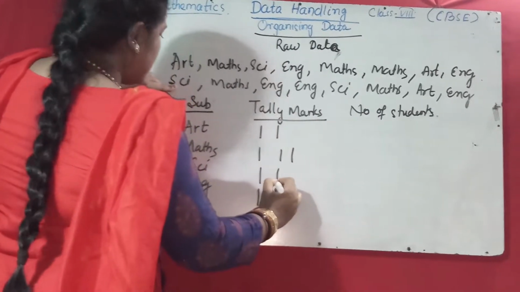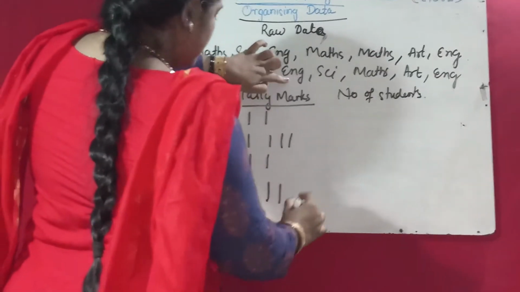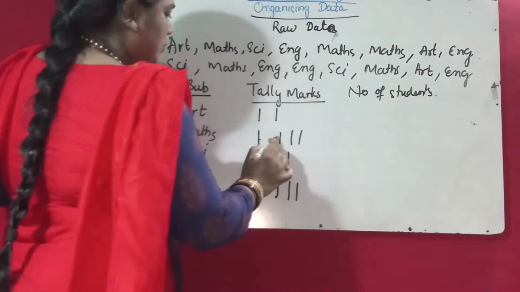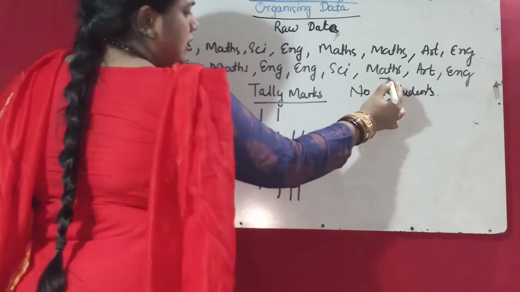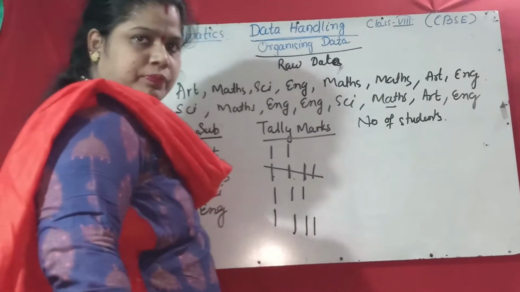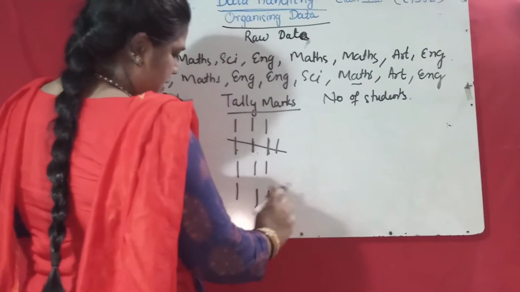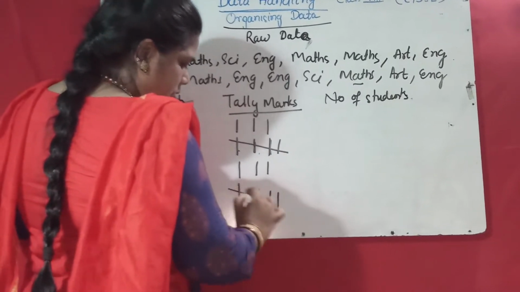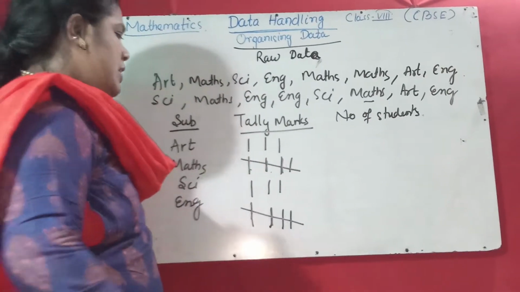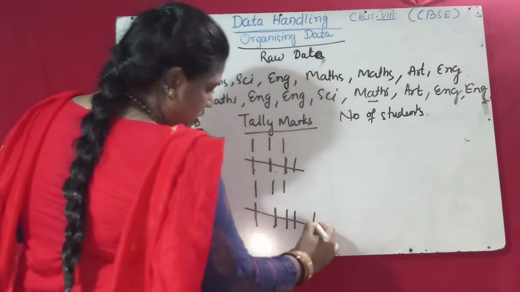Science, one line, again math, English line, English again, science, math. So 1, 2, 3, 4, four maths, here another one, so you draw another line like this. It represents 5 lines, which is easy to count. When 4 lines are over, the fifth one you cross.